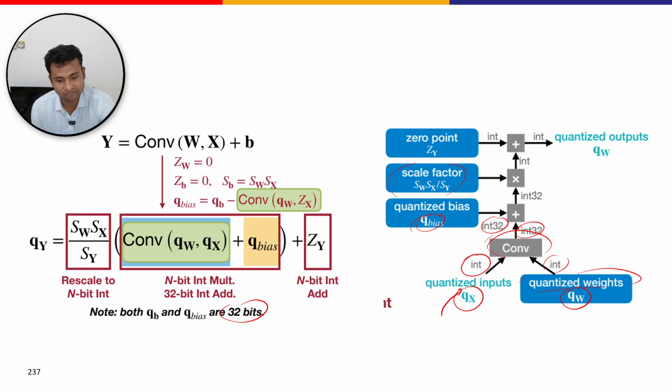We have the scaling factor again coming as an n-bit integer, so we expand it to 32-bit and multiply it, so it's a 32-bit int into 32-bit int. Finally, whatever integer we get, we do an addition operation in integer, and we finally get the quantized outputs, sorry, here it's quantized outputs qy.